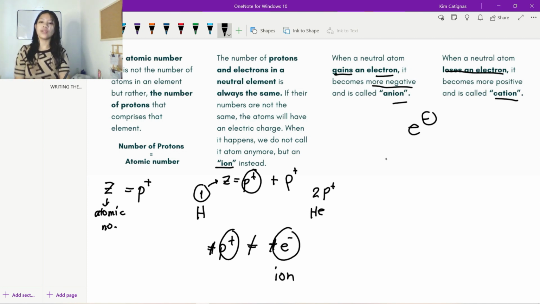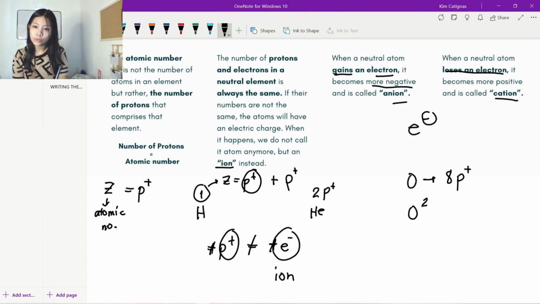So, for example, yung oxygen natin, syempre ang number ng protons ng oxygen ay 8. Tama? 8 yung number ng protons niya. Oxygen. So, ngayon, if nakita nyo tong ganitong symbol, O, kunwari is 2 positive. So, sa upper right corner niya, nakatabi ng oxygen, may nakatabi na 2 positive. So, anong ibig sabihin yan?